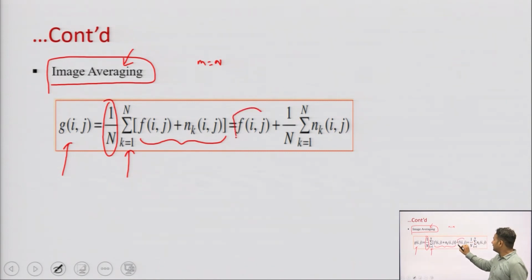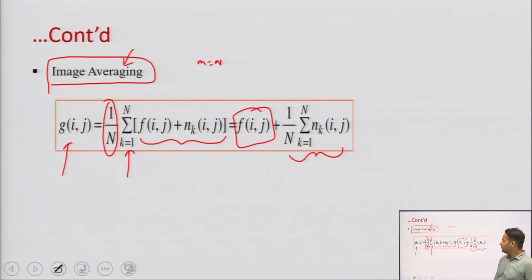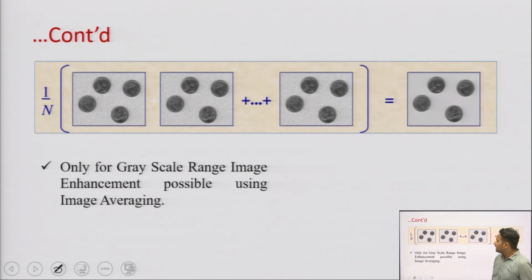So that is the complete original image, and the noise value you may add through this. So your image is being averaged, and the averaging looks like this particular image. In this example, you may understand what is happening inside the averaging of one image.